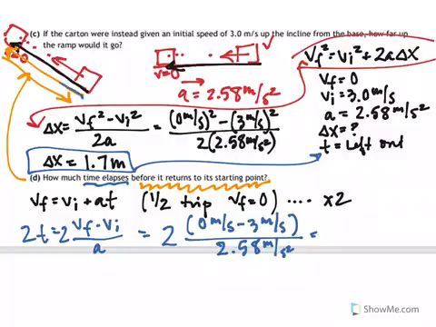If I'm considering a displacement this way, and I treat up the ramp as a positive velocity, then my acceleration is technically down the ramp, which makes that negative. So when I plug all this into my calculator, I get 2.33 seconds as how much time it takes for that block to go 1.7 meters up the ramp and 1.7 meters down the ramp.